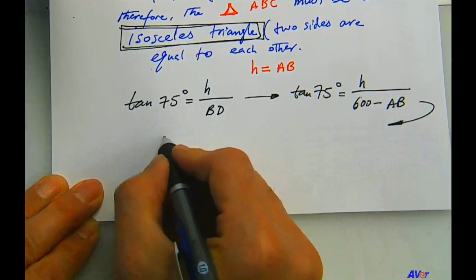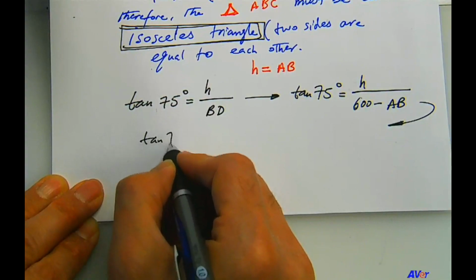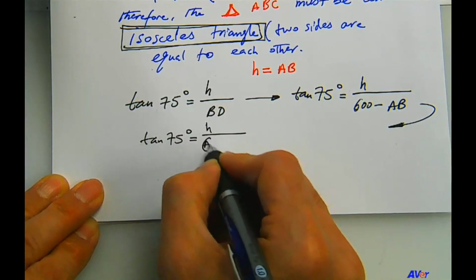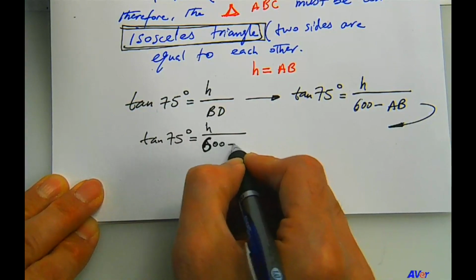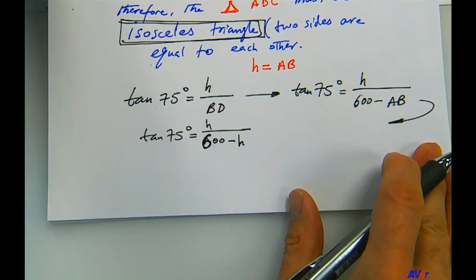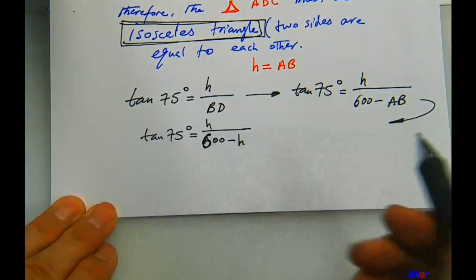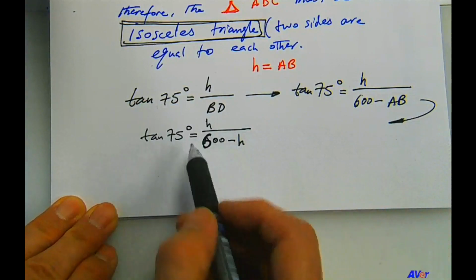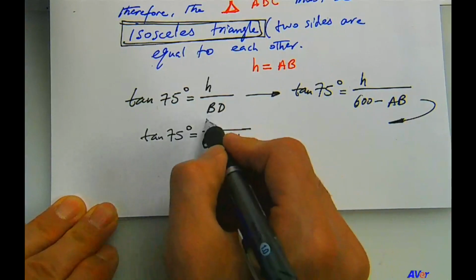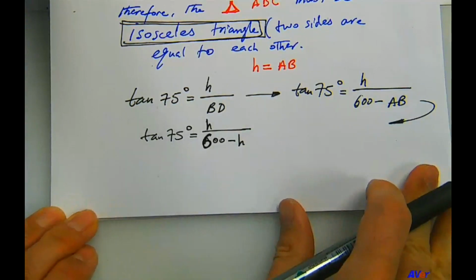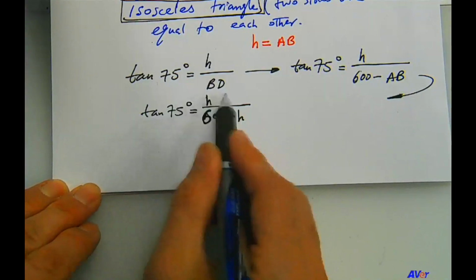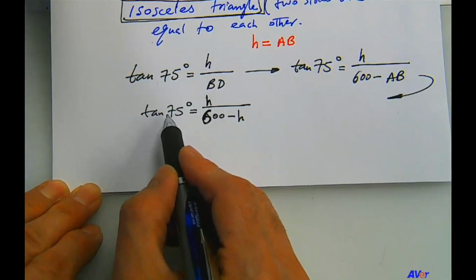So we have tangent of 75 degrees is equal to h over 600 minus h. All right? So the rest is just doing the algebra, because now we have one equation, one unknown, and we can certainly solve for this h. So let's do that. So the denominator here is 1. We can cross multiply. We have h times 1 is h.